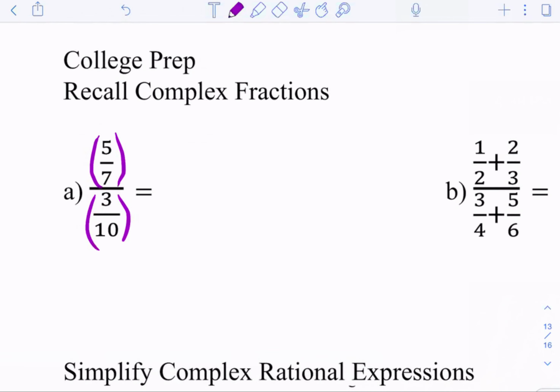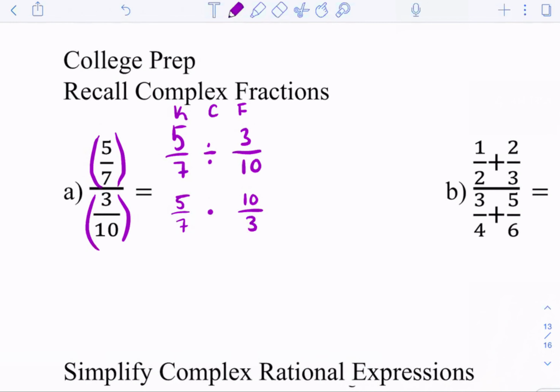One way that you can solve this is by writing it out like this. 5/7 divided by 3/10. Because a fraction is division. And as you've already learned, you could do keep, change, flip. 5/7 times 10/3.